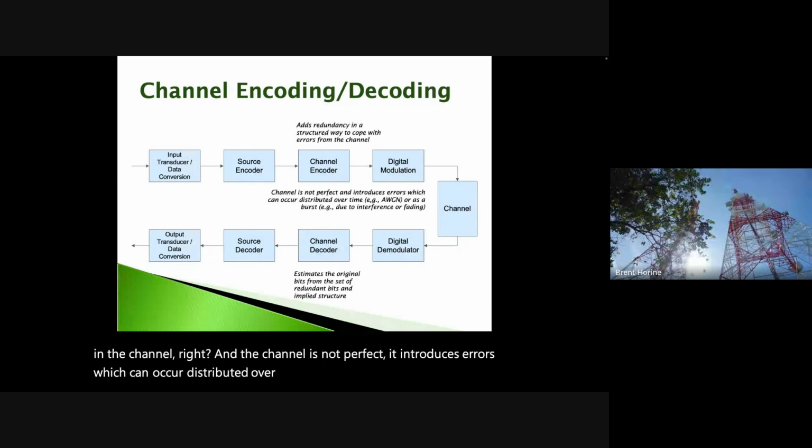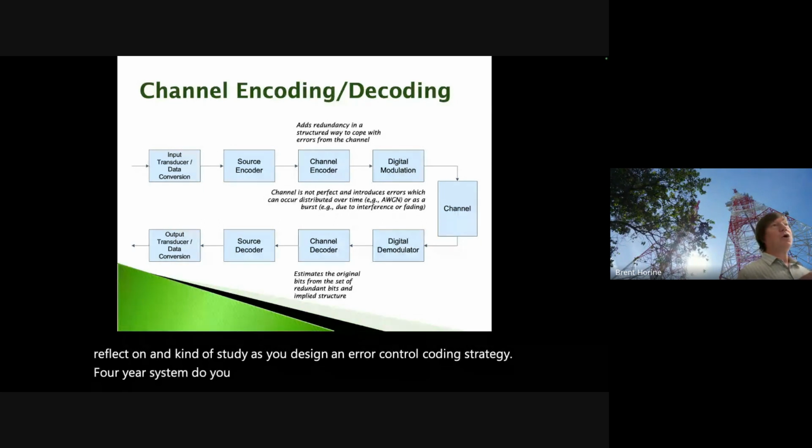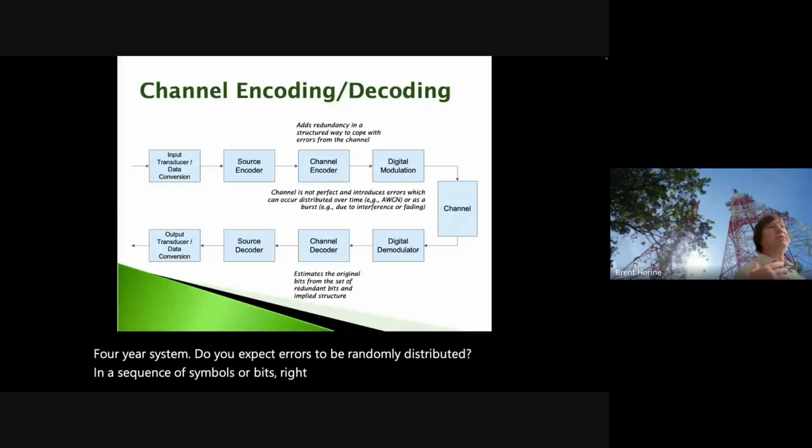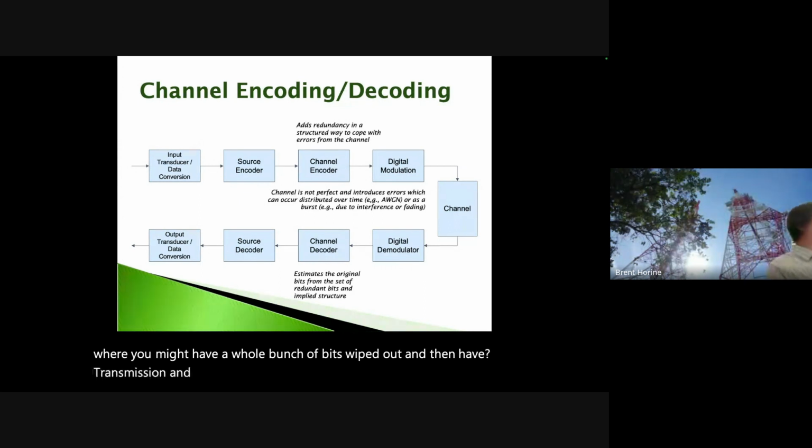This is an important thing to reflect on and study as you design an error control coding strategy for your system. Do you expect errors to be randomly distributed in a sequence of symbols or bits, or might they come in bursts, where you might have a whole bunch of bits wiped out and then have good transmission and then maybe another burst?